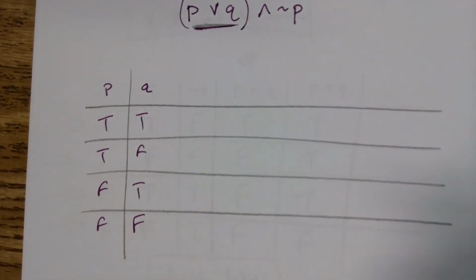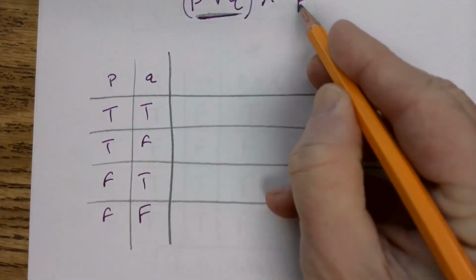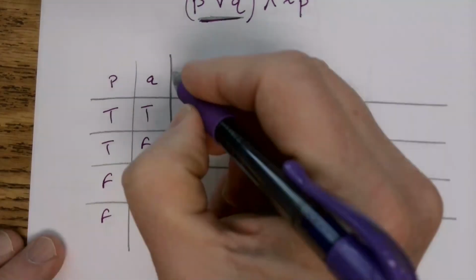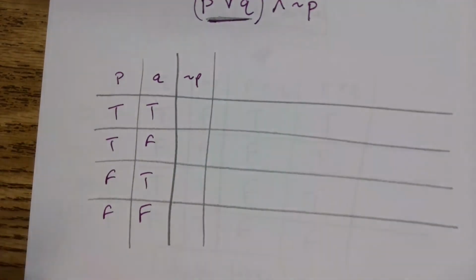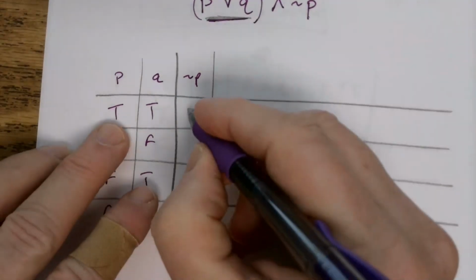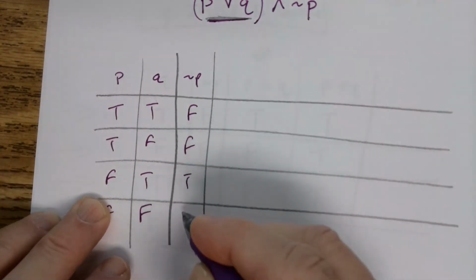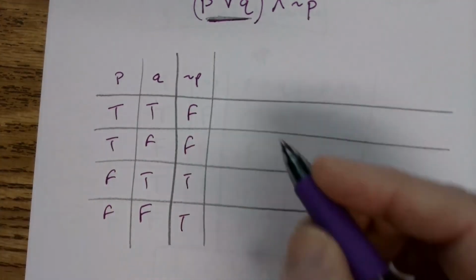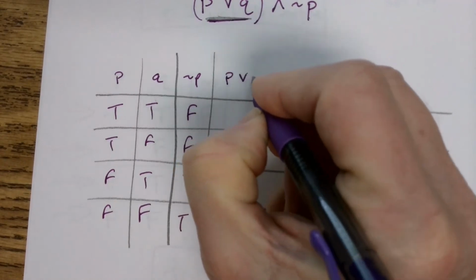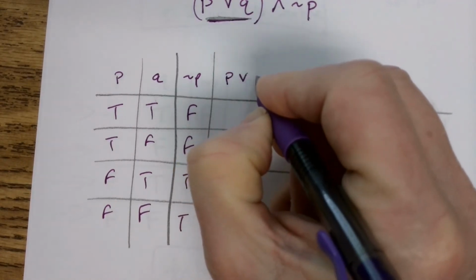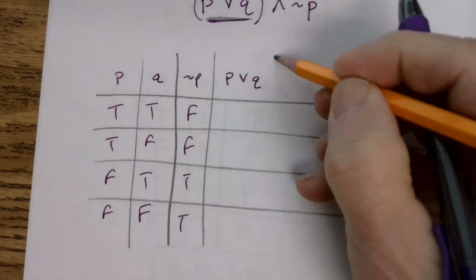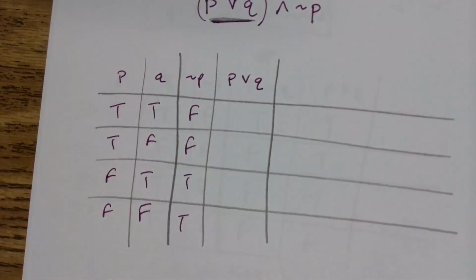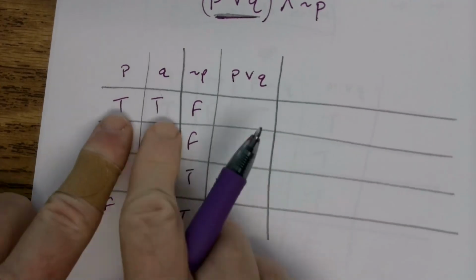So we need not P, which is really easy to do. Almost every time, I just do not P and not Q quickly: false, false, true, true. Then we need P or Q. Make sure you use the correct two columns for P or Q, which are these two.